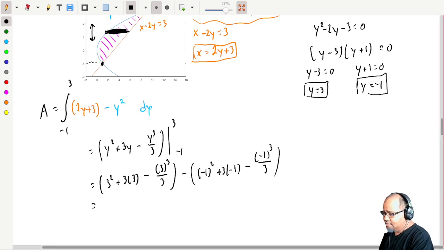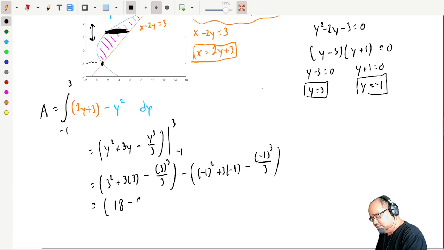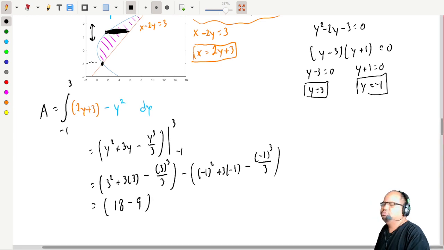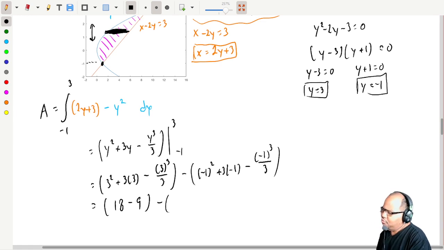Okay, this isn't too bad to work out by hand. In fact, 3 squared is 9. 3 times 3 is 9. So 9 plus 9 is 18. Minus 3 cubed, well, that's 3, 9, 27, divided by 3, that's 9. And now minus here, let's be a little more careful.